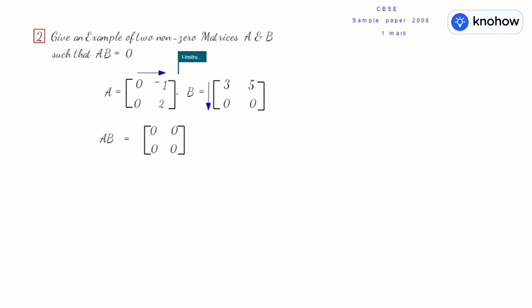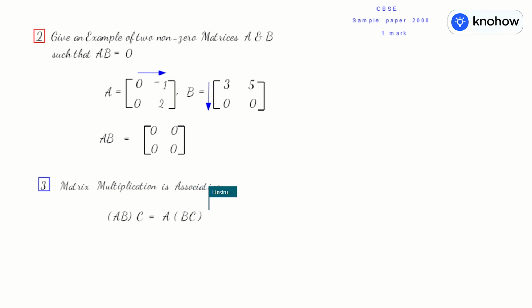Now the next property is, of course, matrix multiplication is not commutative in general, but matrix multiplication is associative. That means if A, B, C are three matrices, then AB multiplied with C will be the same as A multiplied by BC in this order.